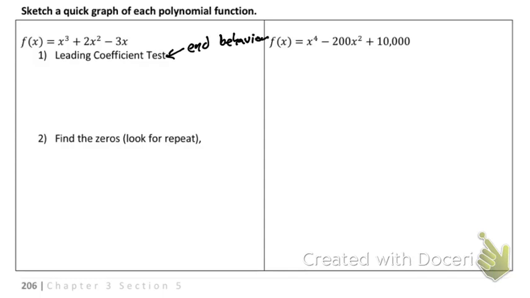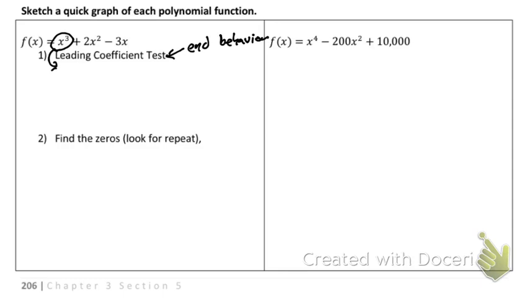So the first thing I'm looking at, what is our biggest power? Our biggest power is 3 in this case. Well, 3 means that the arms go in opposite directions. So even if I'm not sure what I have to do next, you can at least do a 50-50 shot at it. Currently I'm just going to look at my x cubed. That is our leading coefficient test.